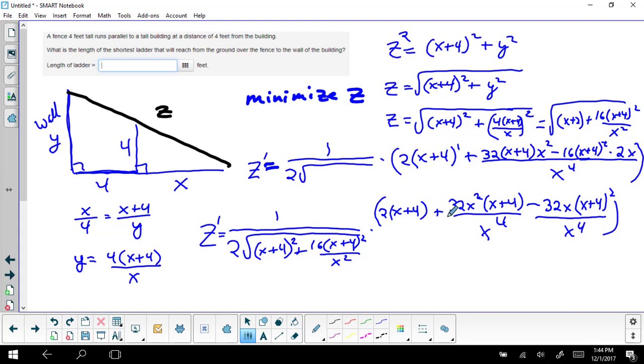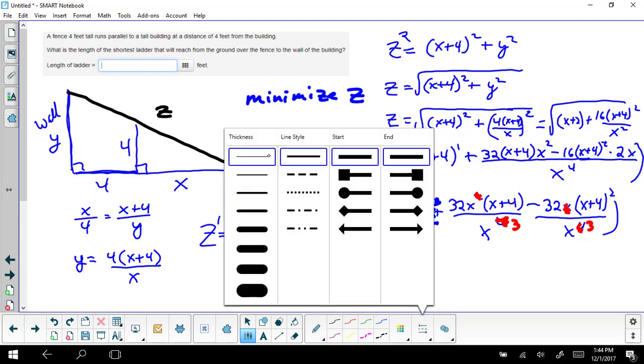So now the reason why I want that 2 times (x plus 4) is because what I intend to do here is cancel out 2 of these. I'm just going to cancel out 1 and make this cubed. I'm going to cancel out this one here and make this cubed. And then what I'm going to do is multiply by x cubed over x cubed.